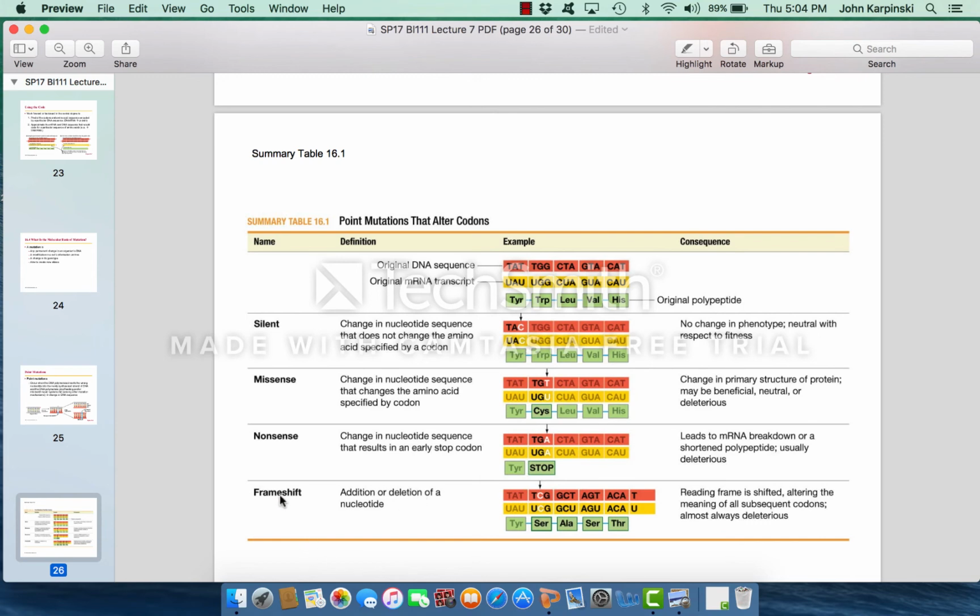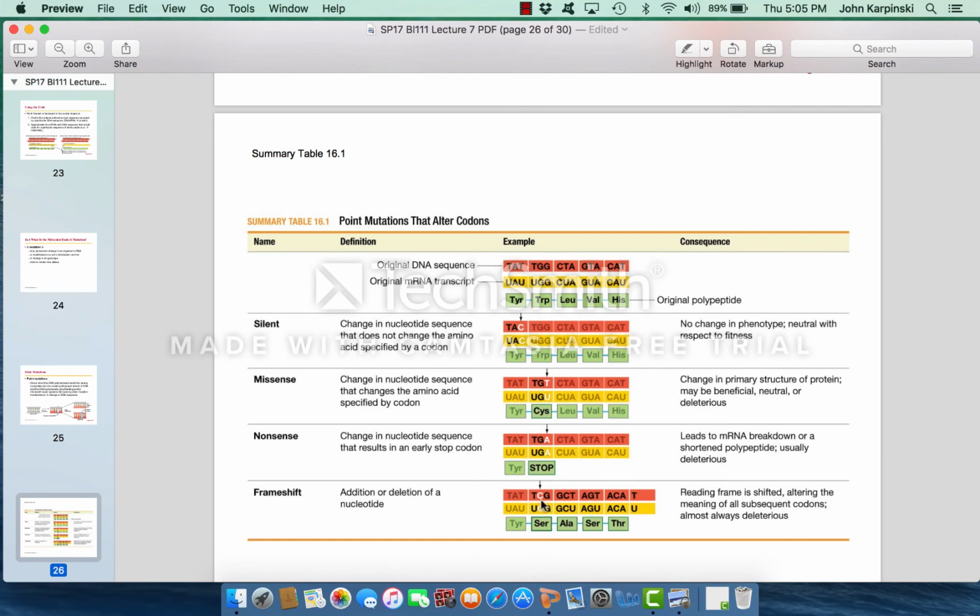The last, a frame shift mutation, is where rather than replacing one of the nucleotides, it is simply removed. It's just plucked out. So if you look back to the original sequence, we had TAT, TGG. If you removed this G, then you would get a sequence that would say TGC.